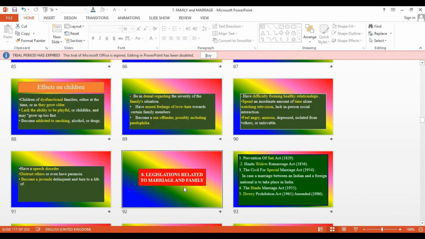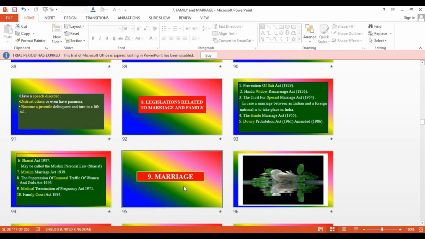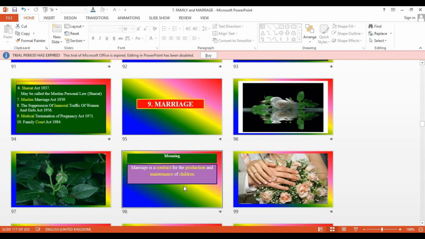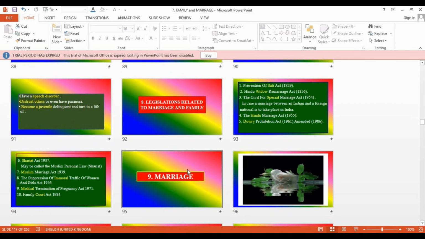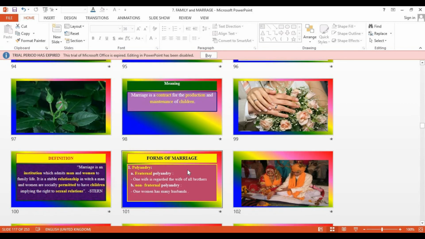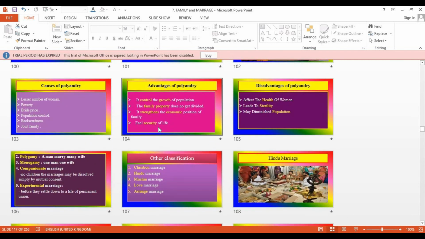Then legislation related to marriage and family; this question may be asked for 2 marks. Then marriage: important questions are the definition, which is very, very important, then types, then functions.